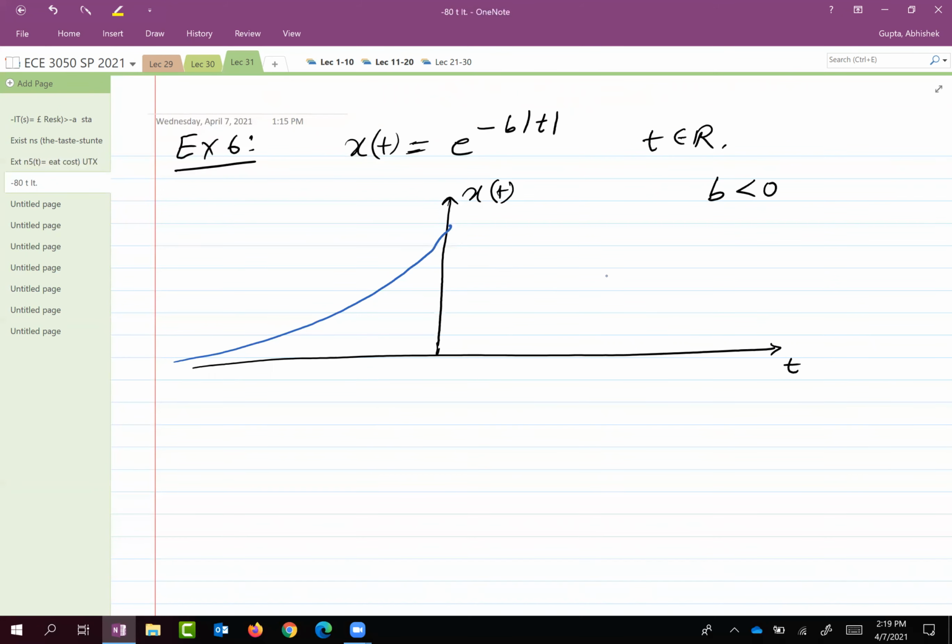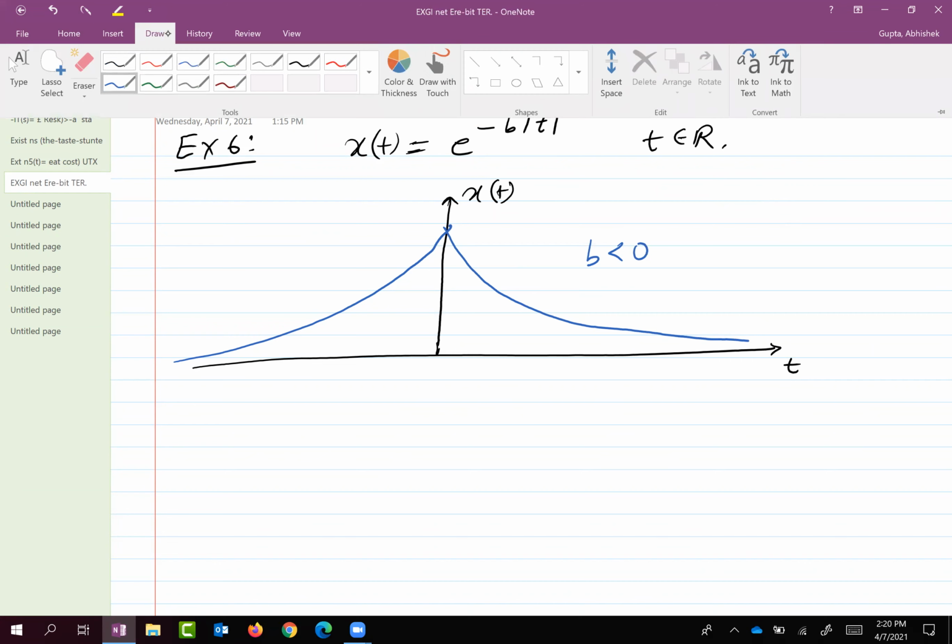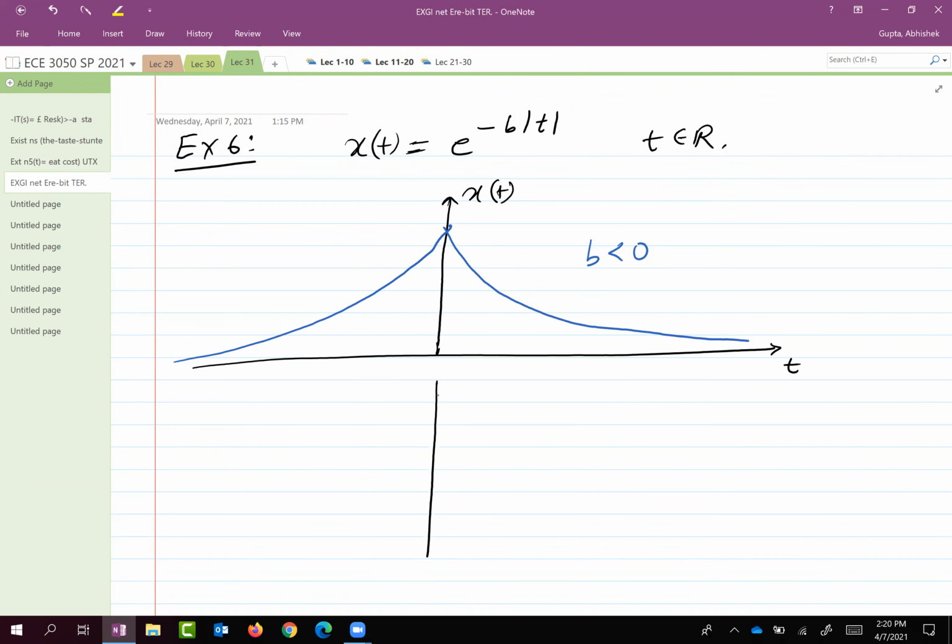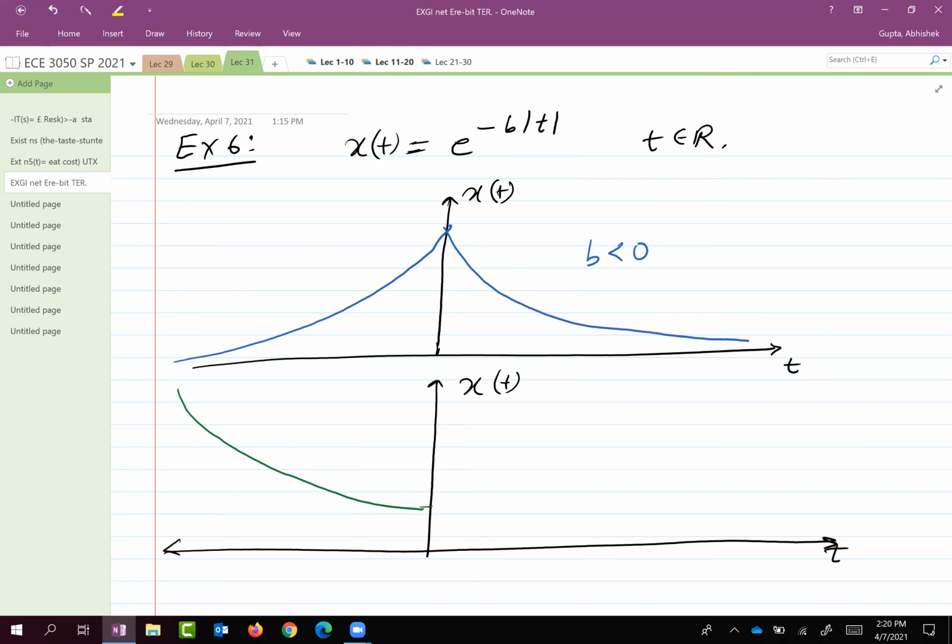It looks like a mountain. This is b less than 0. This is b greater than 0.